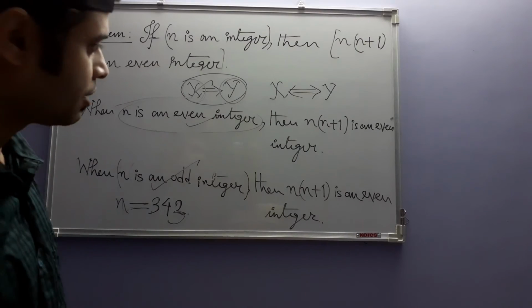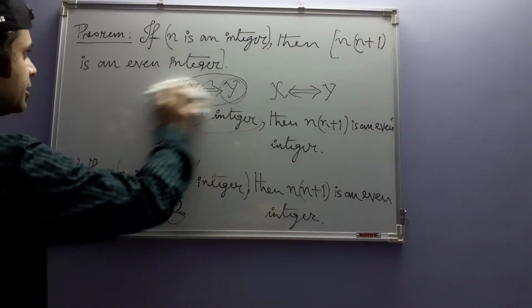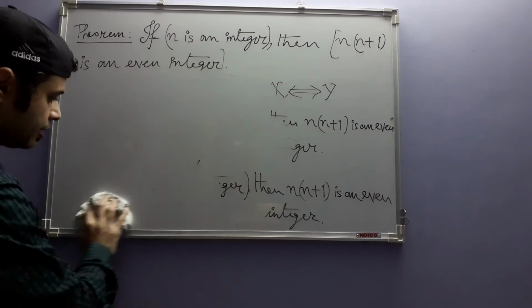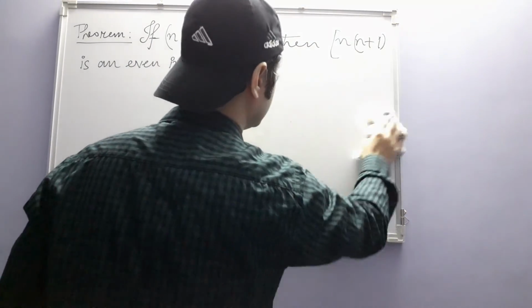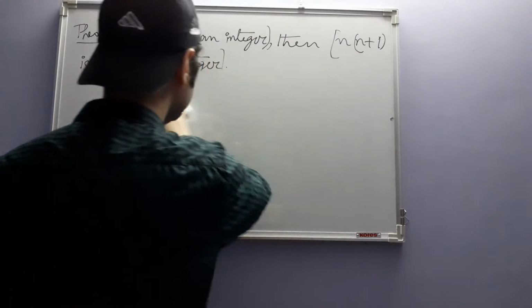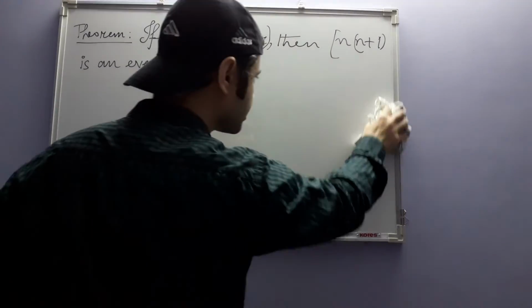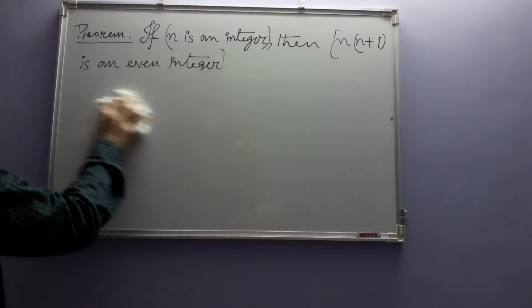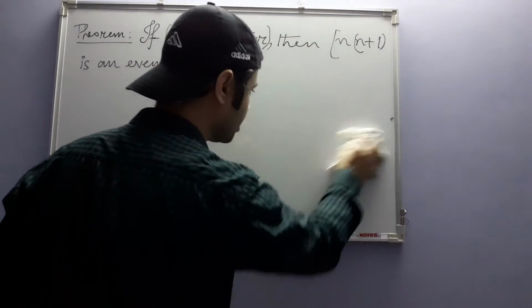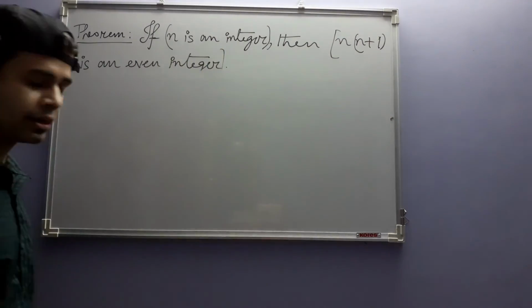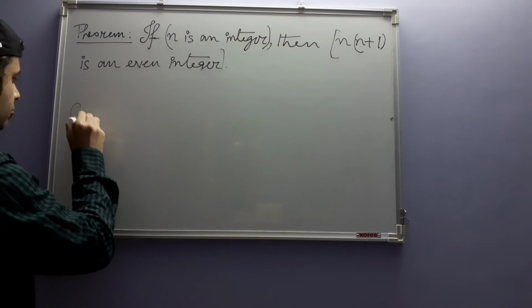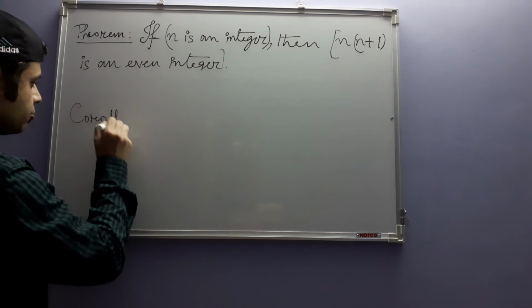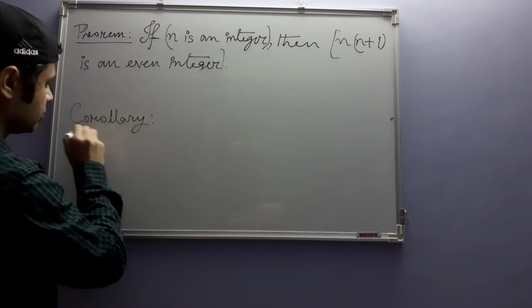Okay, so now from this theorem we can derive a corollary which is rather easy, and it will further emphasize the role played by vacuous truth. So look at this corollary.